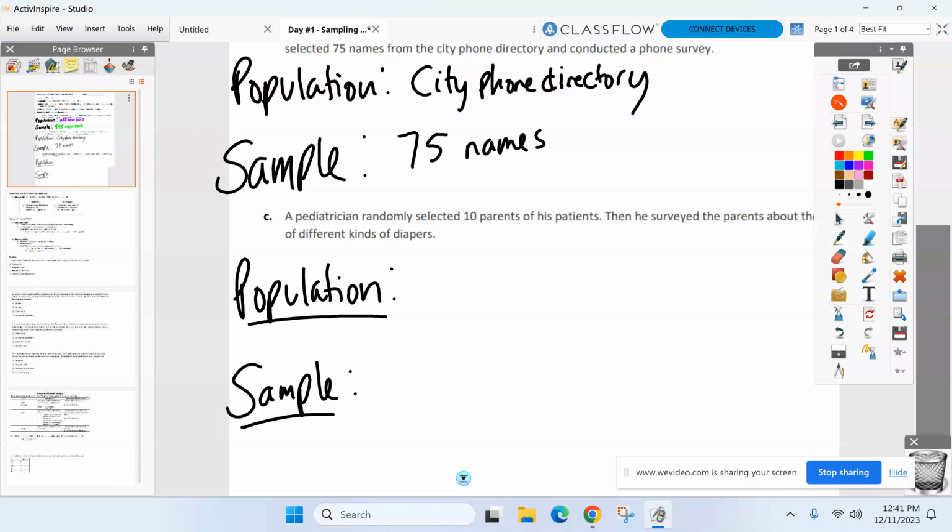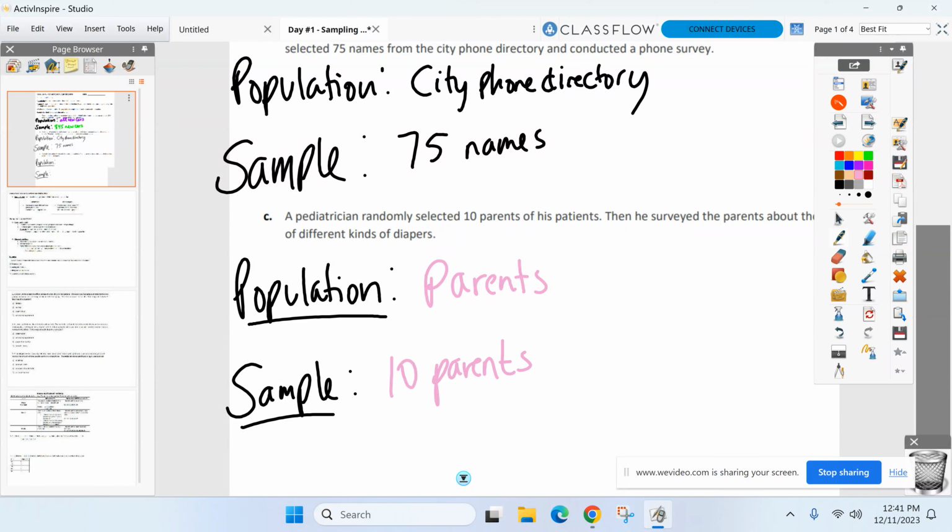Population for this one? The parents, right? Not the patients, the parents. And then what's my sample? 10 parents. Not much of a sample, but it is what it is. Okay, we are right on those first two.